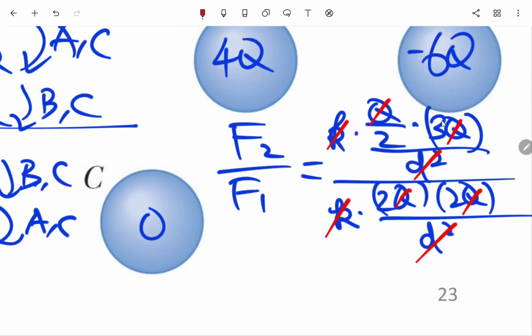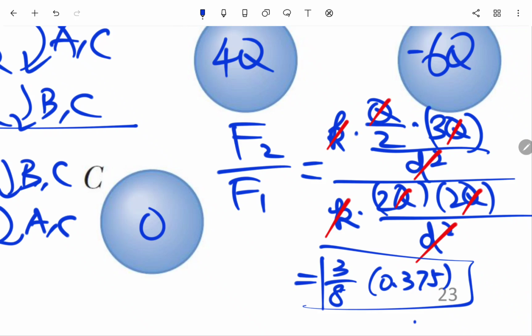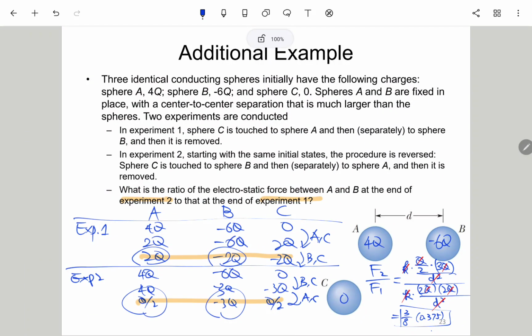So this is 3/2, and this is 4. So this is 3/8, or if you like, you can also write it as 0.375. So this is another example before ending this chapter.